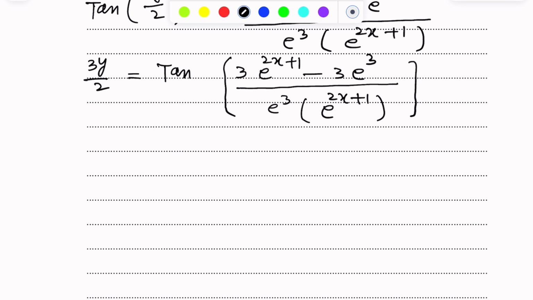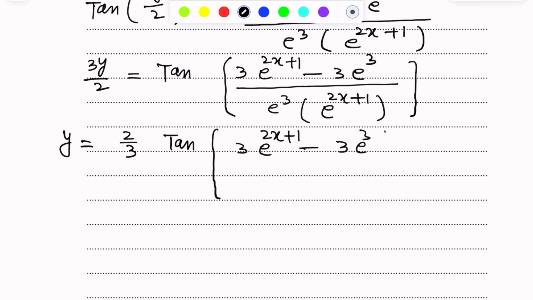Now y will become 2 over 3 tan of 3 e power 2x plus 1 minus 3 e3, in the denominator e3 e power 2x plus 1.